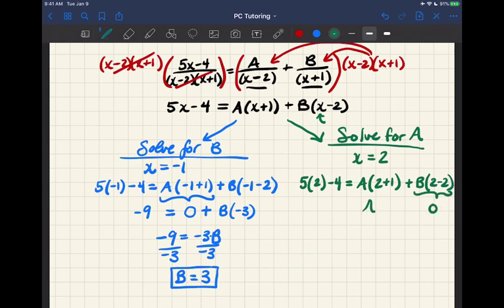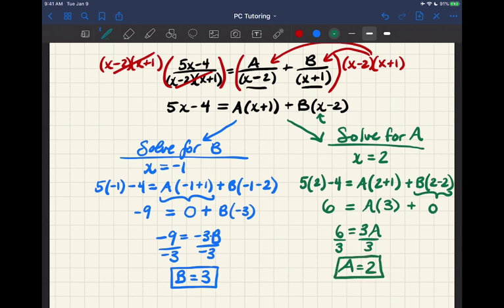We have a multiplied by +3 this time. And the left side, let's see, 5 times 2 is 10, minus 4 is +6. So ultimately we get 6 equals a times 3, or let me write it as 3a. Last but not least, we're going to divide by 3 on both sides, and we get a equals 2.